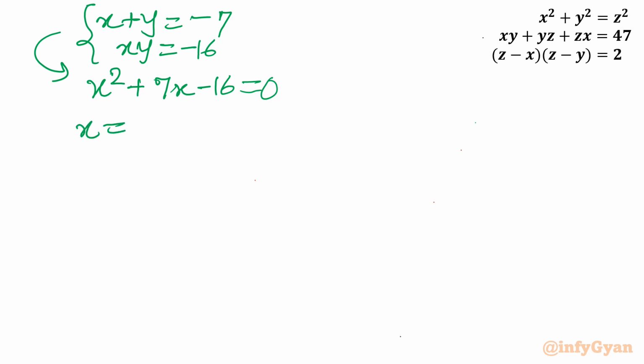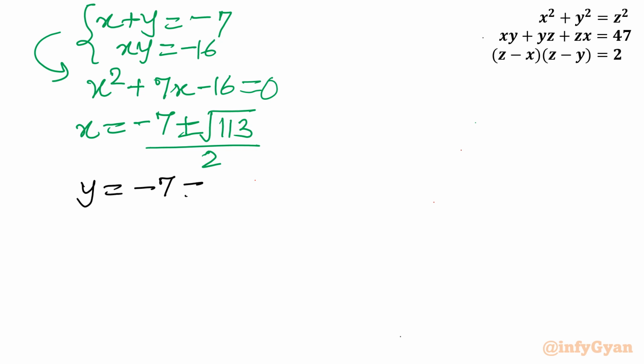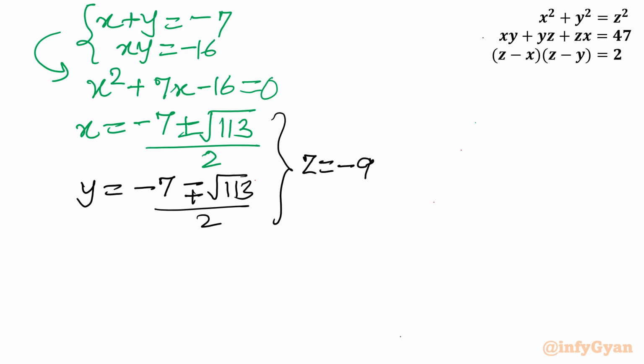After applying Sridharacharya formula, we will write minus 7 plus minus square root 113 over 2. So the only difference is this time minus 7 is written. So if it is minus 7, then y will be minus 7 minus plus square root 113 over 2. So again, two solutions will be generated, and once you solve this, z will be equal to negative 9.